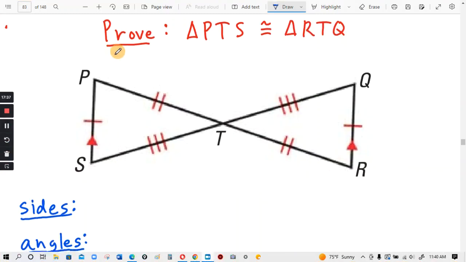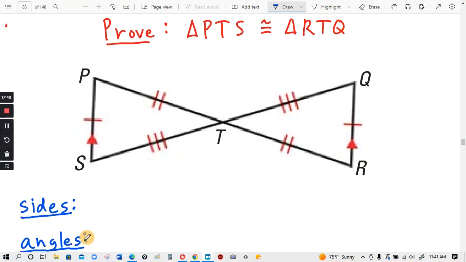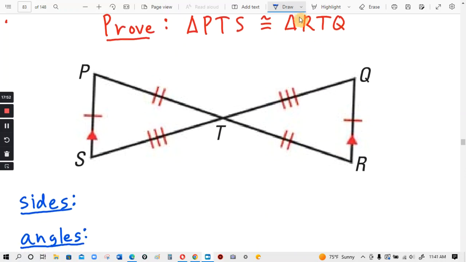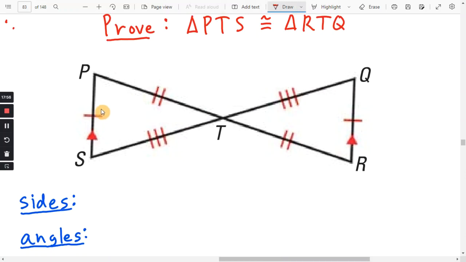Okay, please pause and see if you can prove triangle PTS is congruent to triangle RTQ. You can easily match up the sides, but see if you can match up the angles as well. All right, for the sides, that's pretty easy. We see the ones with 1 mark, that's PS, matches this one, that's QR. So PS equals QR.